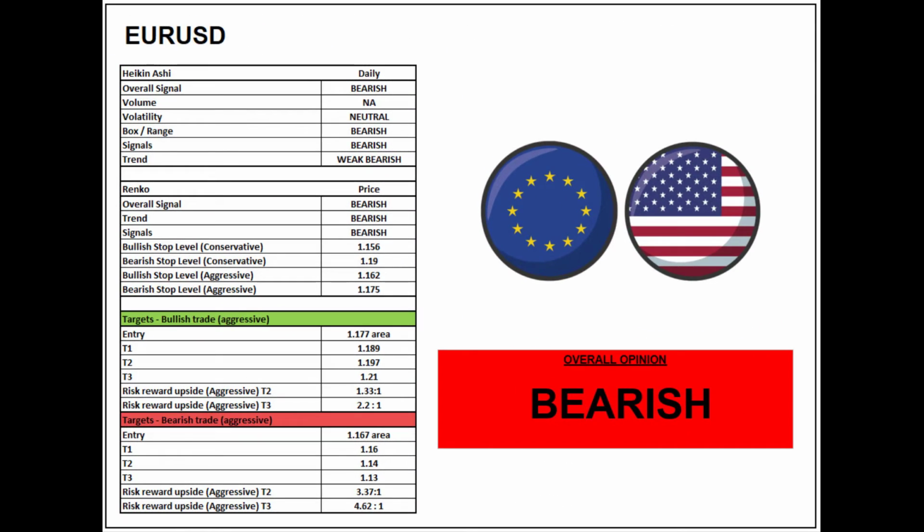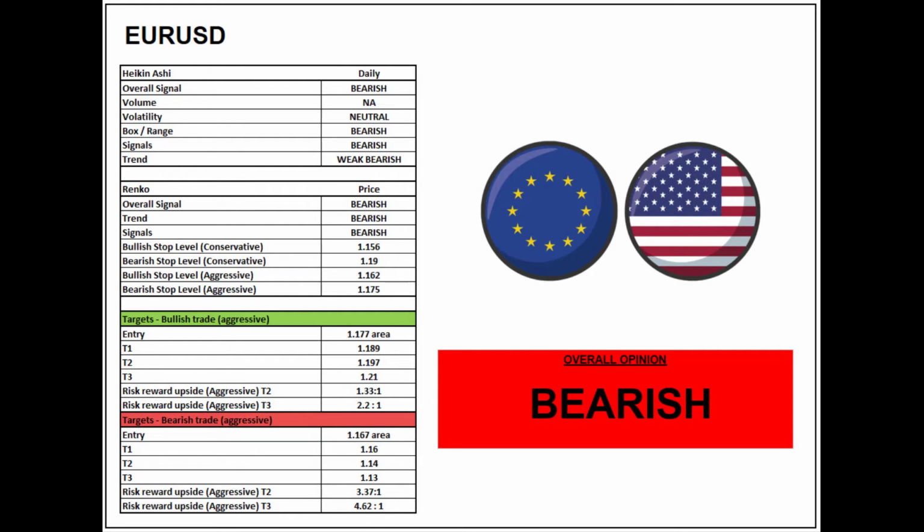Now the question we've got to ask here is, can the euro bounce from this position? And technically speaking, it's looking more likely that it's going to head south than it is going to reverse and go back up. So we have to bear that in mind when giving an overall opinion, which in this instance I've gone for a bearish view.